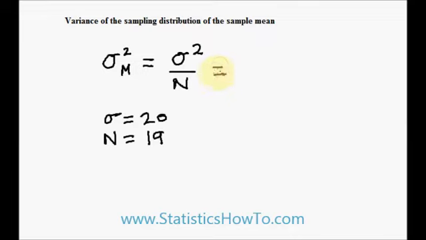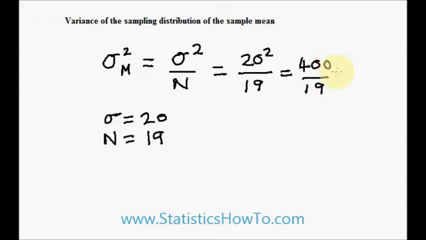So this is going to equal our standard deviation squared, 20 squared, all over n, our sample size is 19, which is going to equal 400 divided by 19, which is equal to about 21.05.